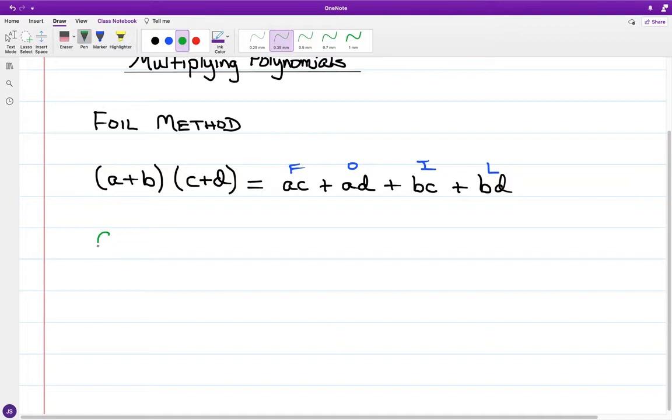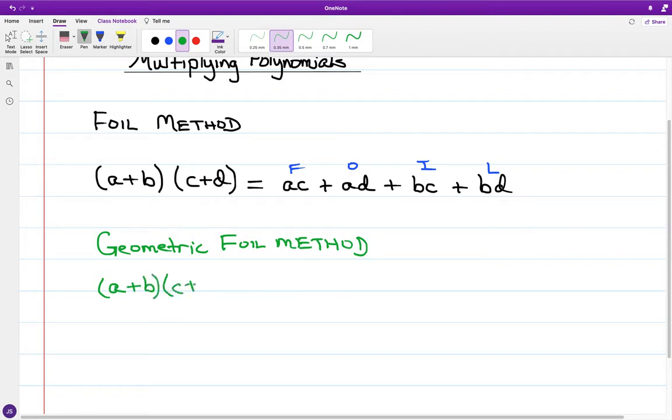Some of you might have seen what's referred to as the box method, which is the geometric FOIL method. Starting out, you have binomials, as in two-term expressions: a plus b and c plus d.